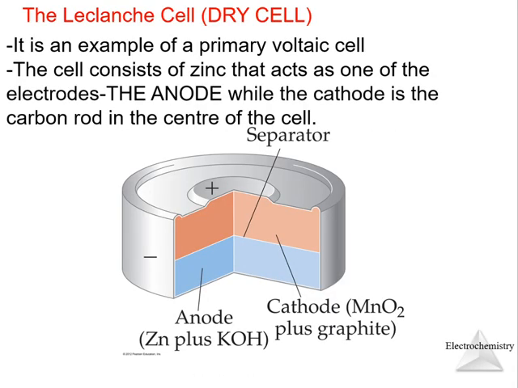Okay, applications of electrolytic cells. You can use a Leclanché cell. A Leclanché cell has a cathode, which is manganese oxide plus graphite, and an anode, which is zinc. This is an example that is used as a cell, or a battery.